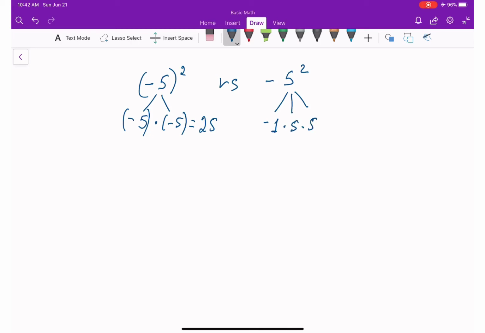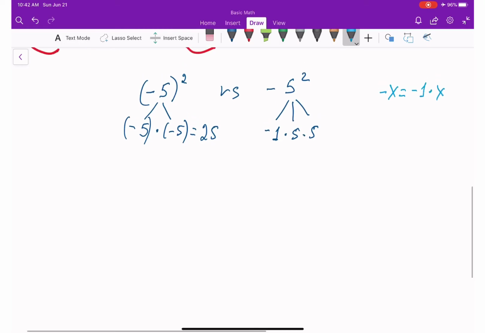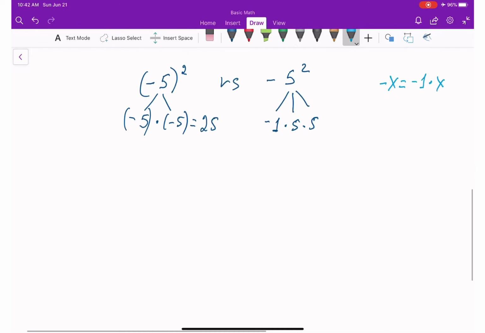So every time when you have, let's say, negative 3, for example, or okay, let me take the general format, the negative x. That's the same thing, negative 1 times x. And if we have negative x squared, it's going to be negative 1 times x squared.